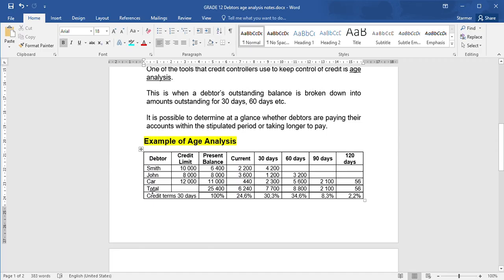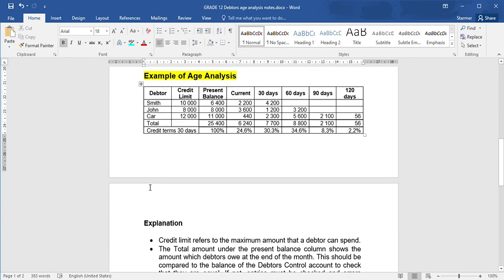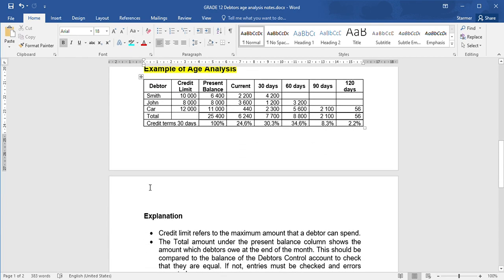So this debtor here is not following the credit terms of the business. So at a glance, you can actually see whether debtors are doing as they should do or whether you need to contact them.